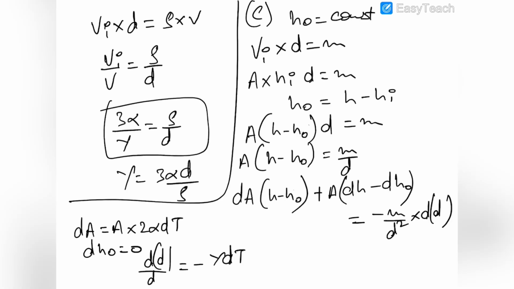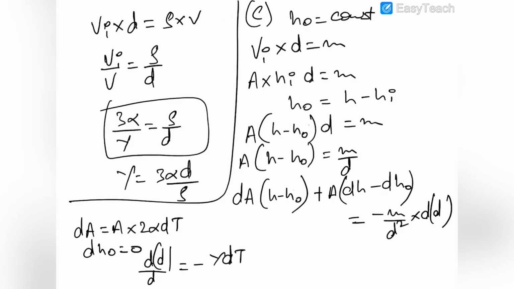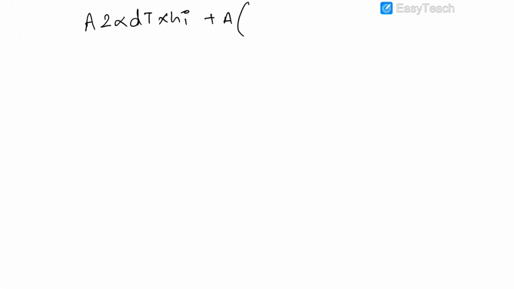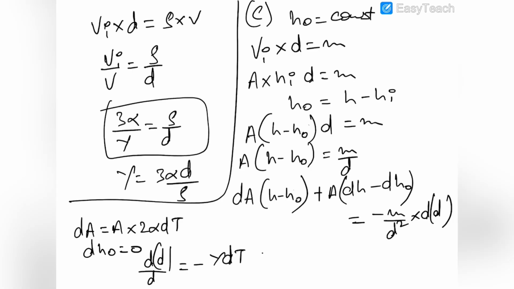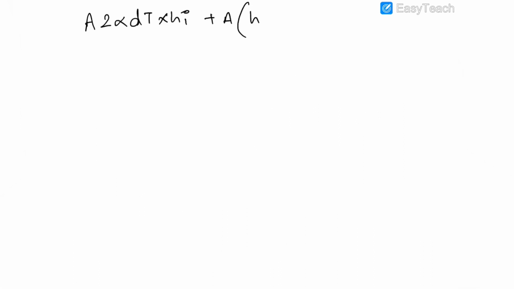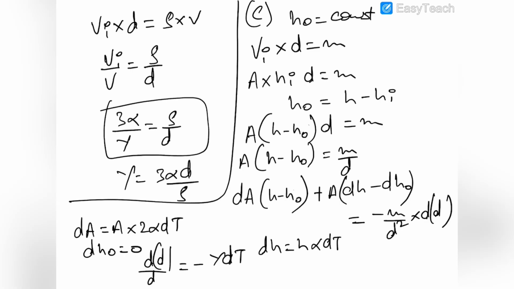And this is A into d of h. Now d of h we can write as h alpha dt, and dho is 0, which we have already discussed, because ho should remain constant.